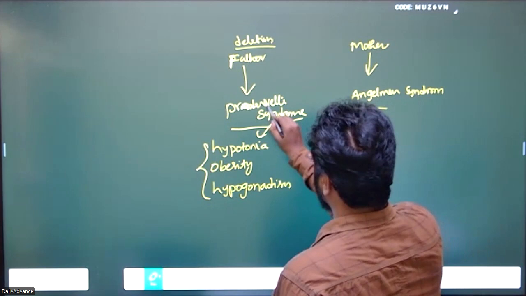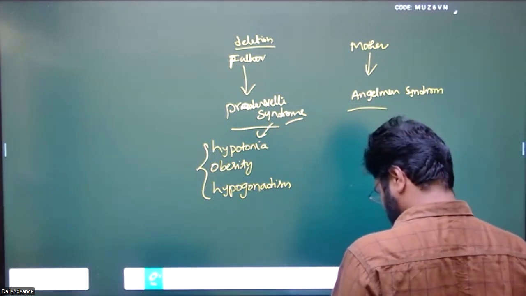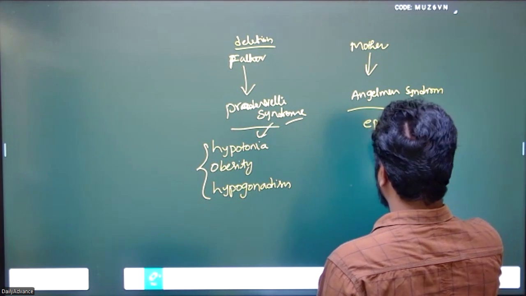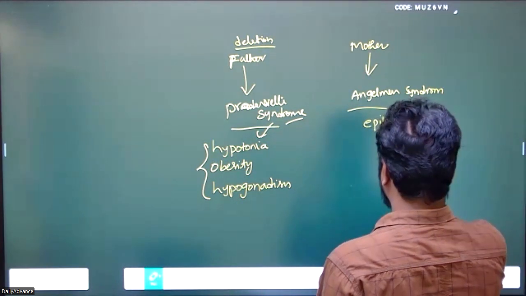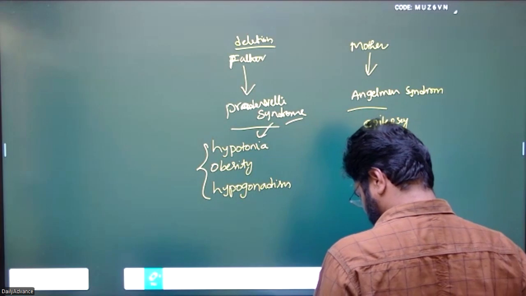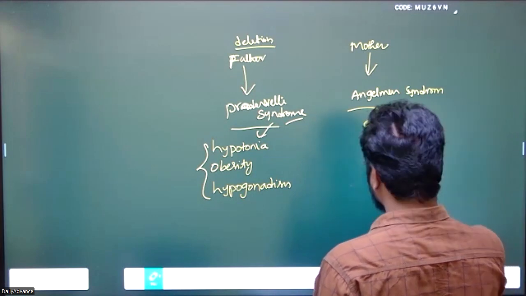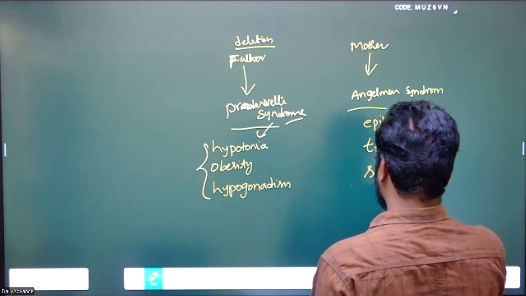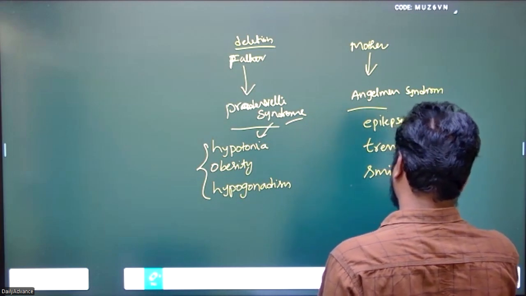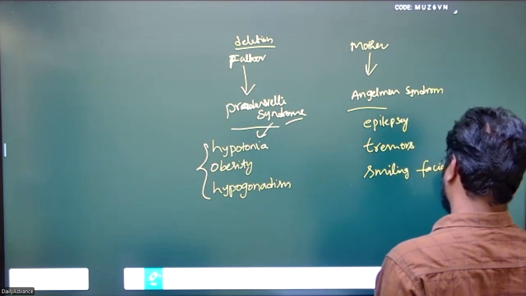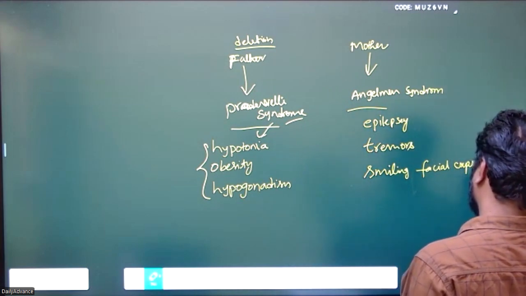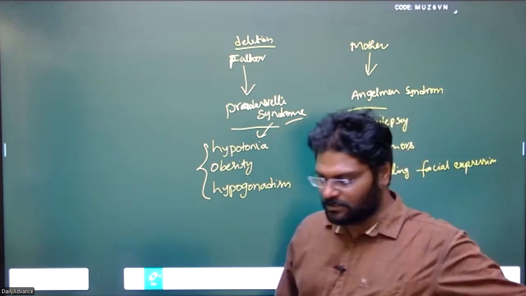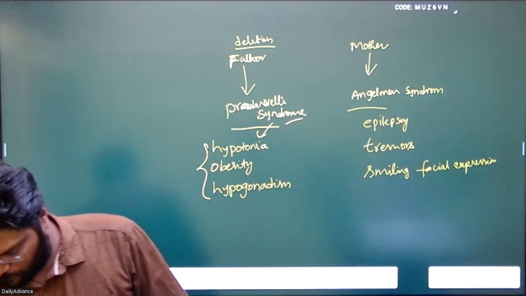Next, Angelman syndrome: epilepsy, tremors, and a smiling facial expression. So what do I mean by this? I'm going to explain.